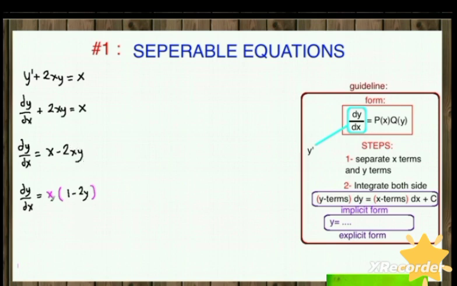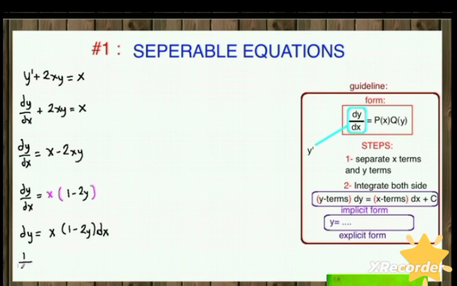Now our next step is to multiply both sides by dx and divide by 1 minus 2y. I would like to go step by step so you can follow. dy equals x times (1 minus 2y) dx. Now we're going to divide both sides by 1 minus 2y.